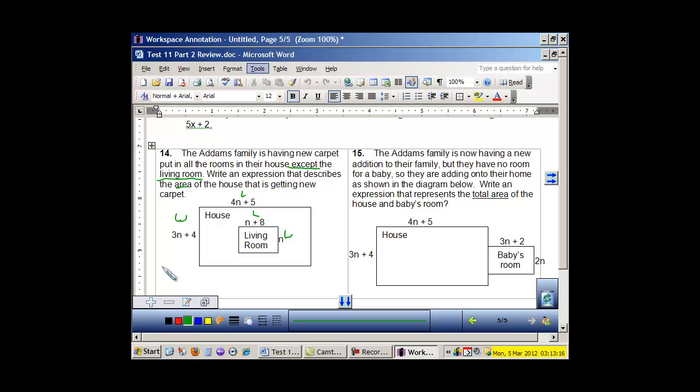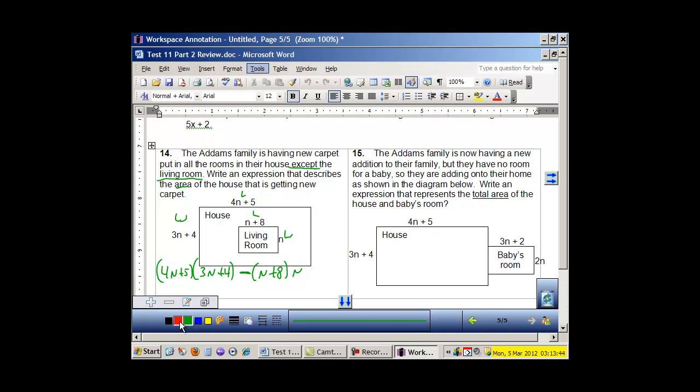So I have the area of the large one, 4n plus 5 times 3n plus 4, minus n plus 8 times n. And we can work that.